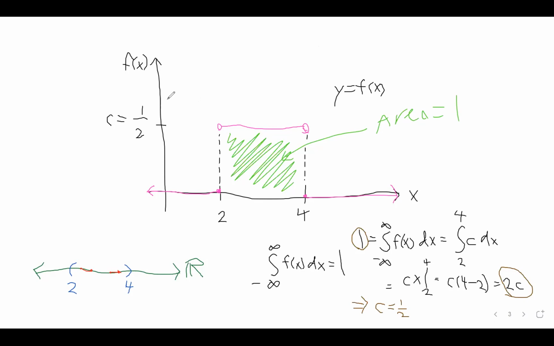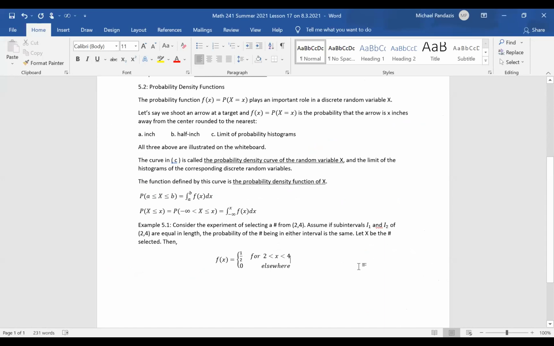Just like you would add finitely many or countably infinitely many probabilities and get 1, here the area under the curve needs to be 1. Knowing that this function is constant because of the uniformness of the probability, the constant value c of that function between 2 and 4 has to be 1/2. So that is that example.